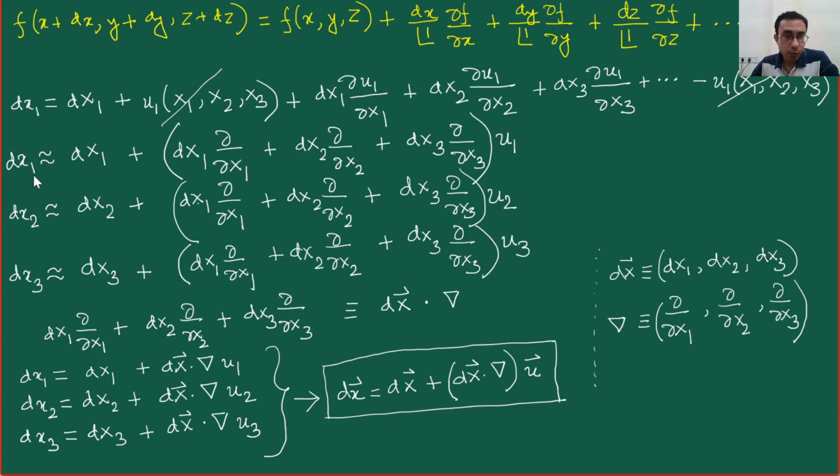So d small x1 is equal to this big thing involving the derivatives of u1. Similarly, I'll be using the dx2 here and the dx3 from here.